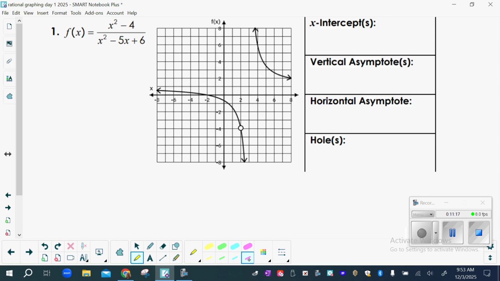Do you see it? Here it is. Right there. That is our vertical asymptote. So the first thing we need to know is how to put this on our key.